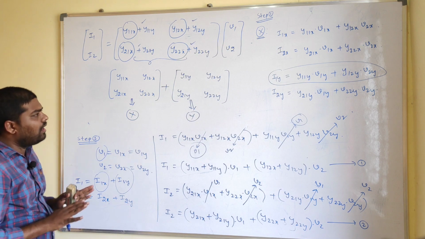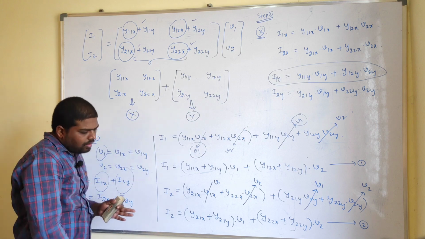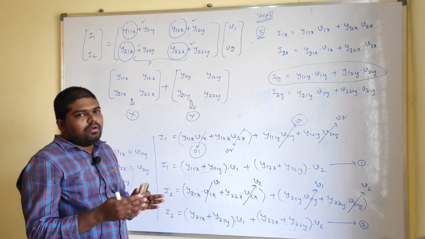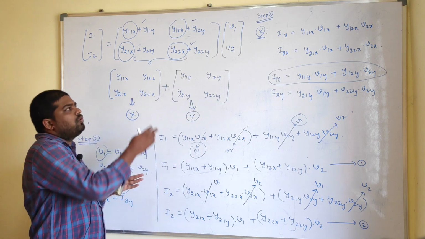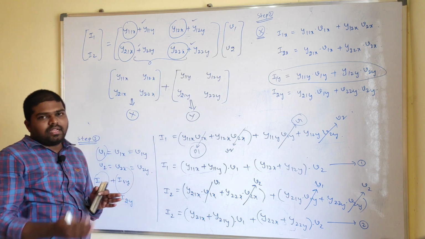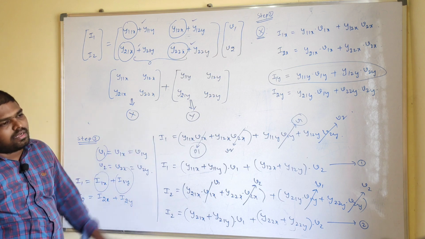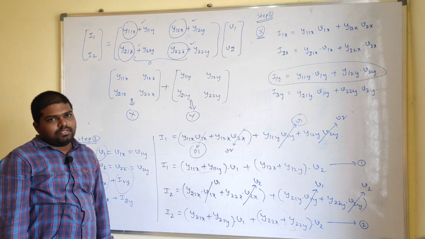In other words, the addition of two Y matrices gives the resultant Y matrix of the parallel configuration. So this is your parallel connection of two-port networks.